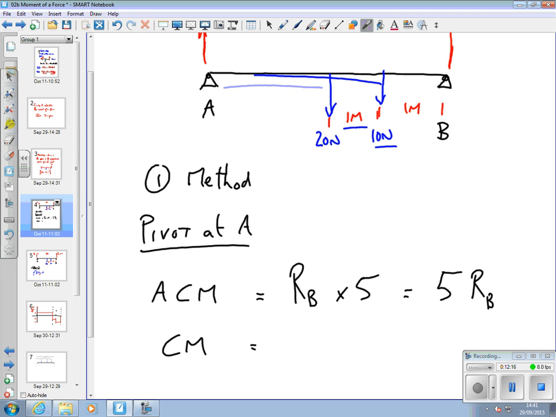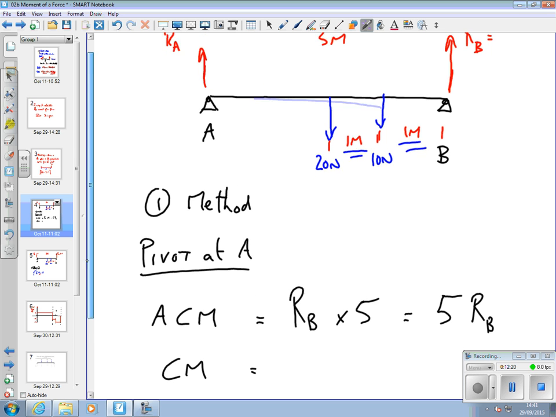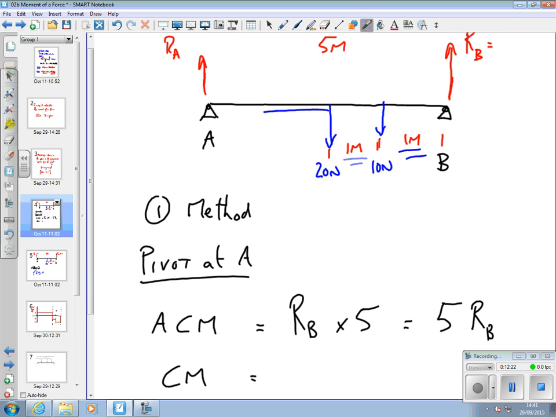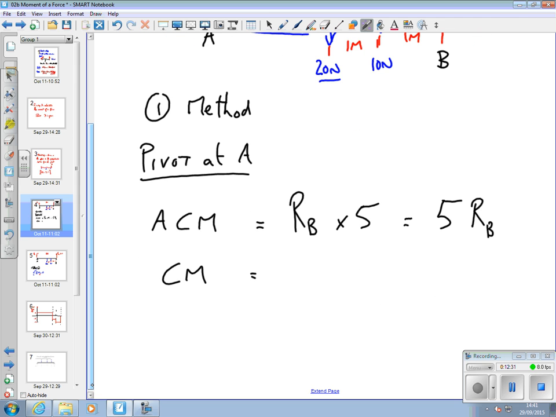So this is 1, that's 1, and so if the whole thing is 5, then that must be 3, and that must be 4 meters. So 20 newtons times 3 meters, and I'd put that in a bracket for that moment, plus 10 newtons times 4.